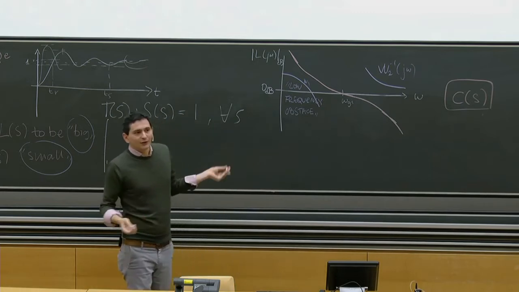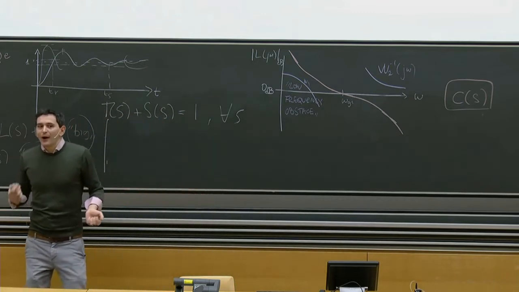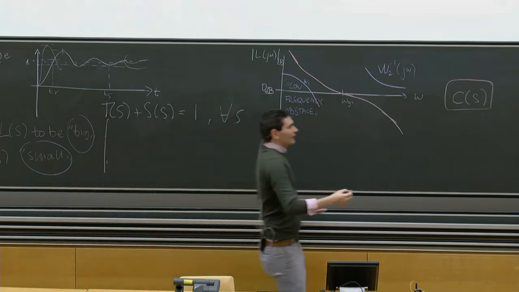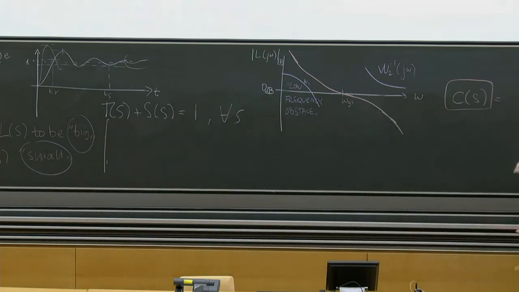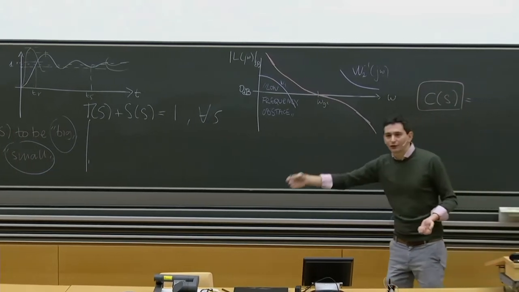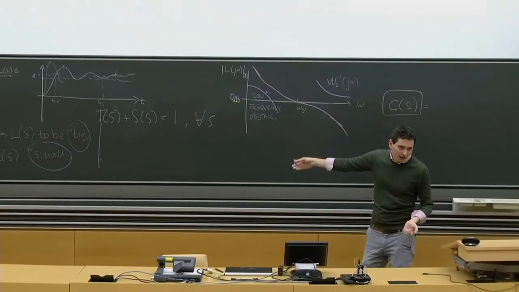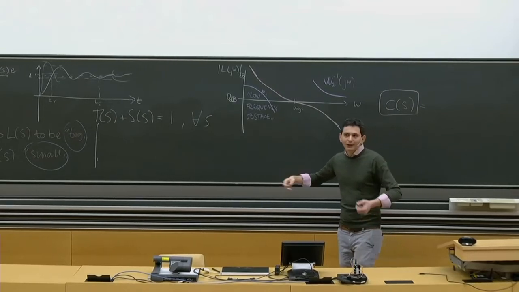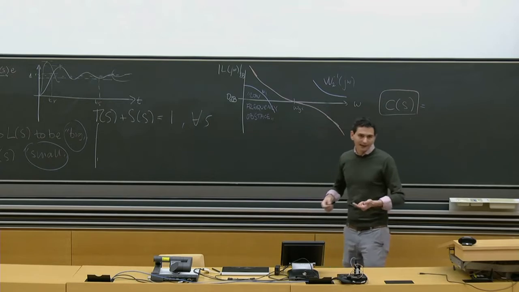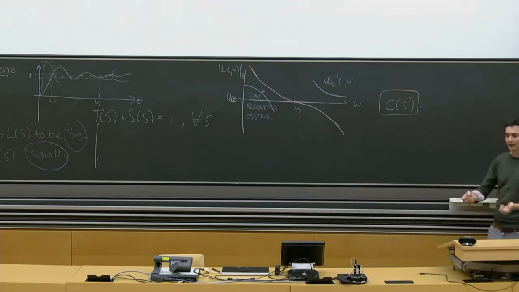Once you understand this, and you understand that every time you add a pole to a system, at the end of the day, the design of a controller can be seen as coming up with a series of rational transfer functions, each one allowing you to satisfy one of the specifications that the designer, your boss, comes and tells you, right?